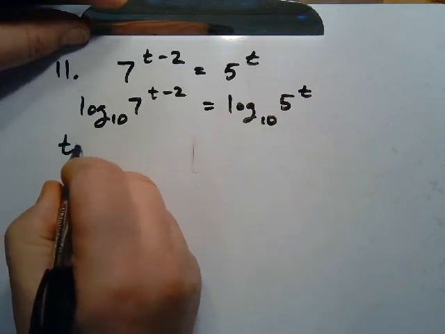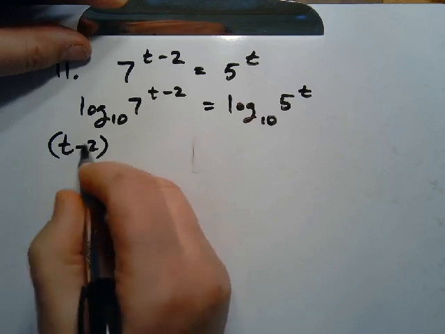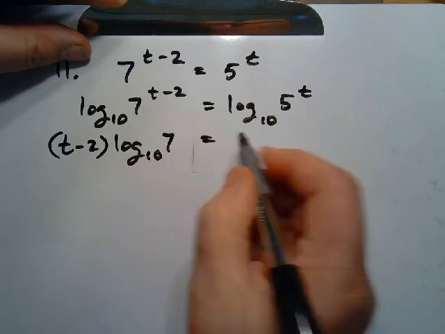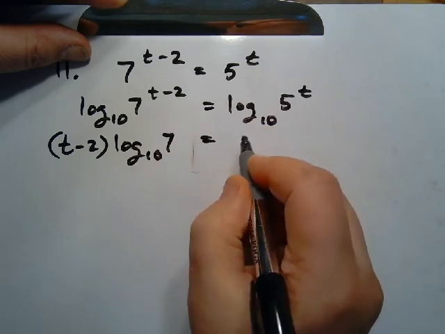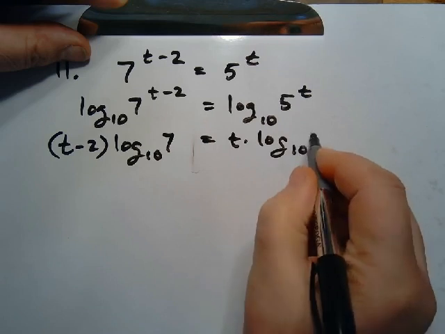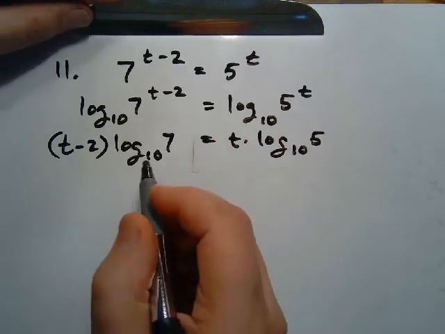So I've got t minus 2, and you'll notice I'm putting it in parentheses because the whole thing is multiplied here, log base 10 of 7. And let's drive that one around to the front, and that's t times log base 10 of 5. Now, we still haven't got the variables together, and that's the little finaglery that we're going to have to do right now.